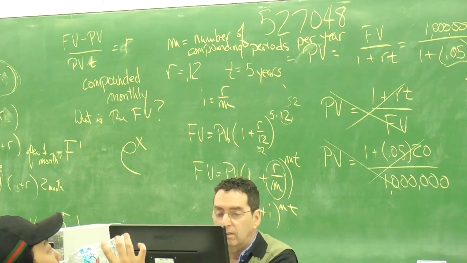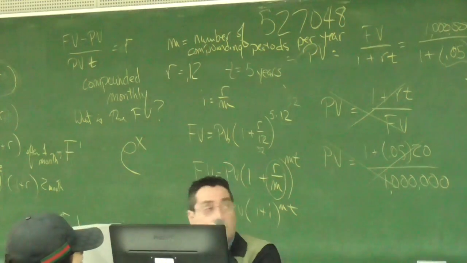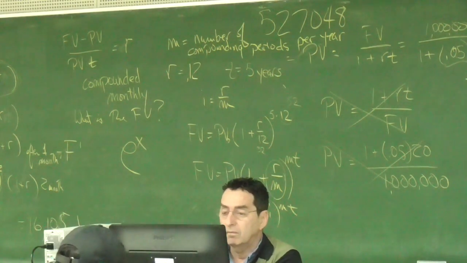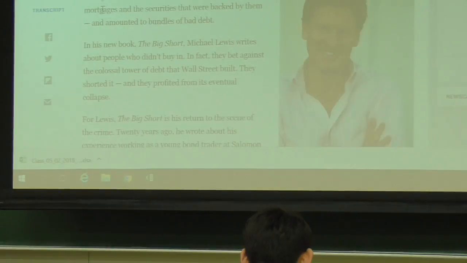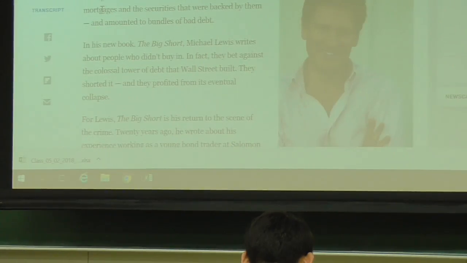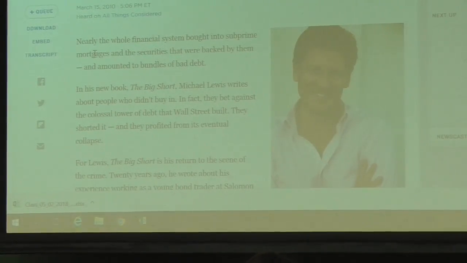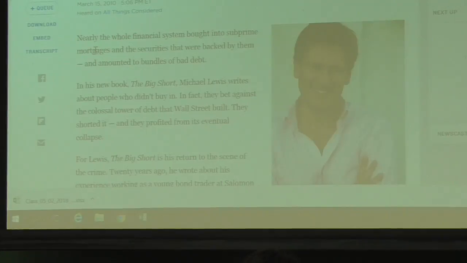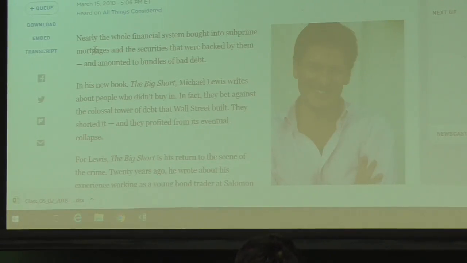For Michael Lewis, The Big Short is his return to the scene of the crime. 20 years ago, he wrote a book about his experience working as a young bond trader at Salomon Brothers. Liar's Poker was an astonishing tale of kids fresh out of Ivy League colleges making huge decisions about other people's money with no earthly qualification for doing so. By the time of the financial crisis, the generation that he wrote about in Liar's Poker had become established on Wall Street. It was a generation typically up to its eyeballs in mortgage-backed securities.